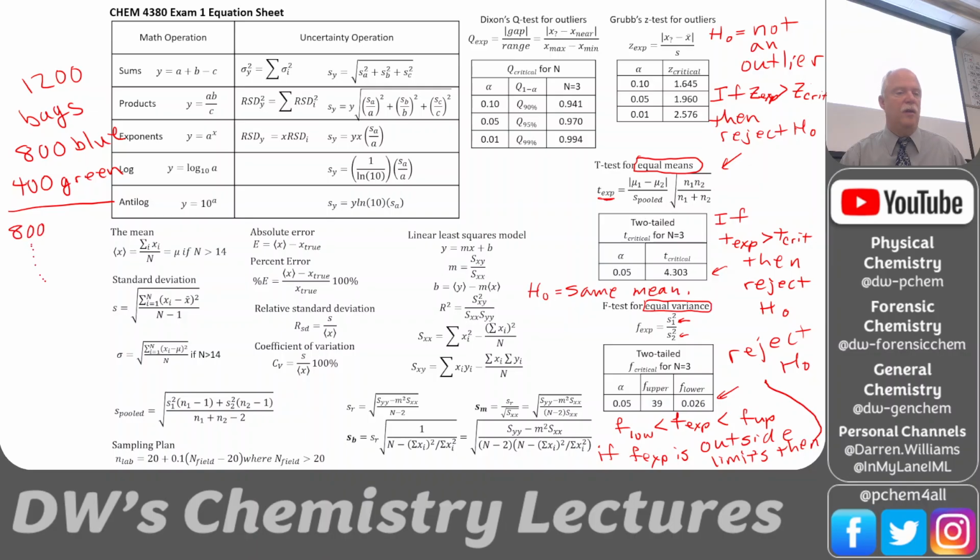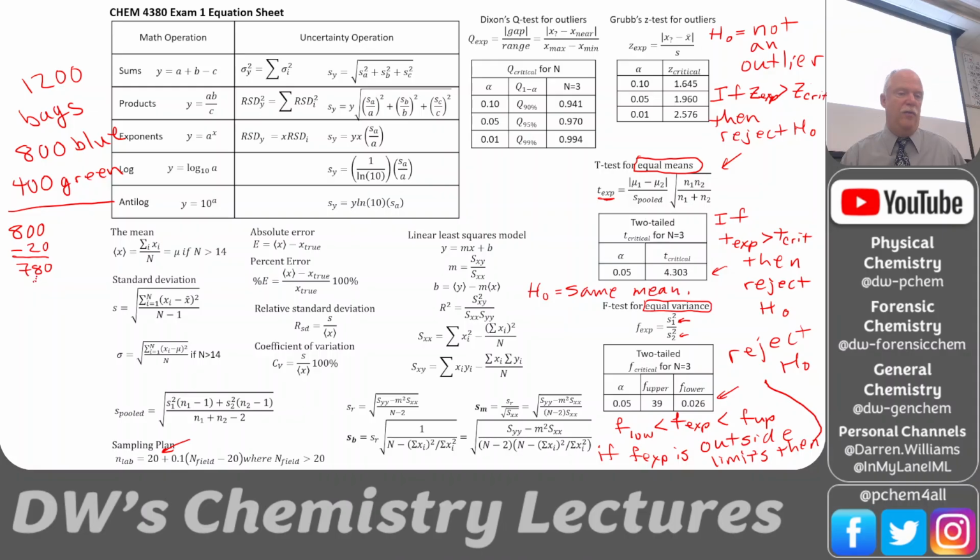So down here, the sampling plan is 20 plus 10% of the amount minus 20. Okay. So we're going to take 20 out of 800, so we have 780 left. Everybody see?